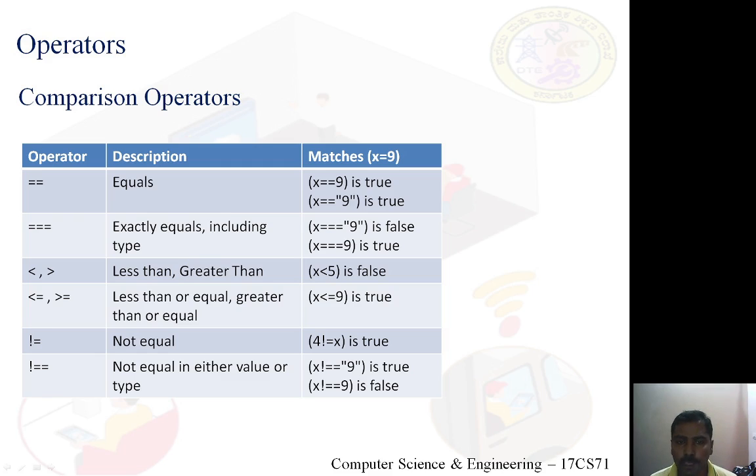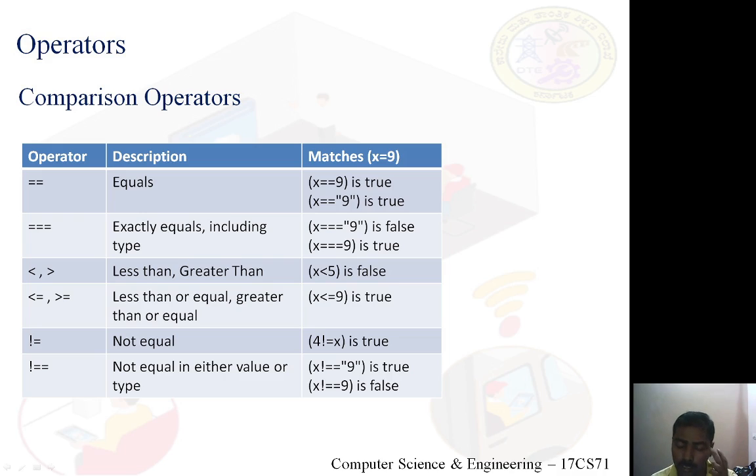Now in this example, assume x is initialized with a number value, not a character or a string: 9. I mean a numeric value. Now, what does double equal do? It checks whether the content stored in either of the two operands is the same, but it doesn't match the data type.